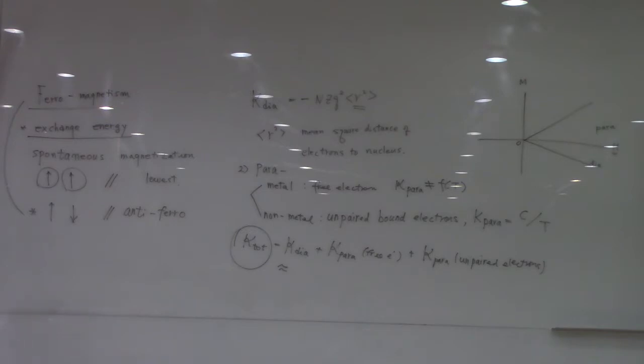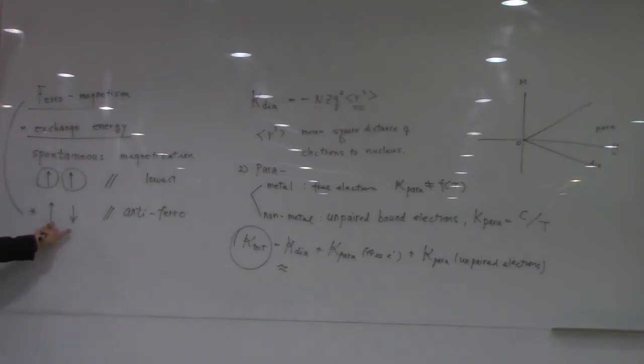We just simply know that if we assume that ferromagnetic materials have the lowest exchange energy when the nearest neighbor spins are parallel, then we can explain the ferromagnetic nature of the materials.